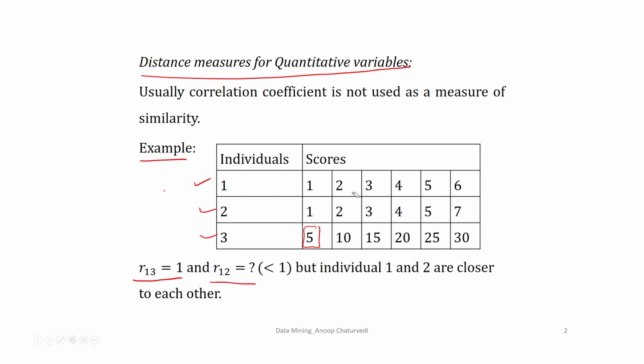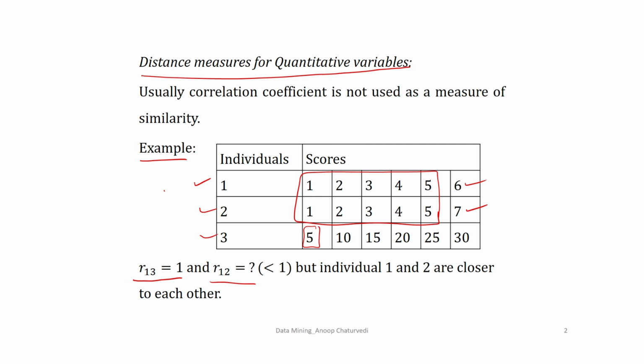Of course, for the first 5 observations, the scores of individual 1 and 2 are same. But here the scores are different. For individual 1 it is 6, for individual 2 it is 7. So, obviously, R12 is less than 1. Of course, it is quite close to 1, but it is less than 1.